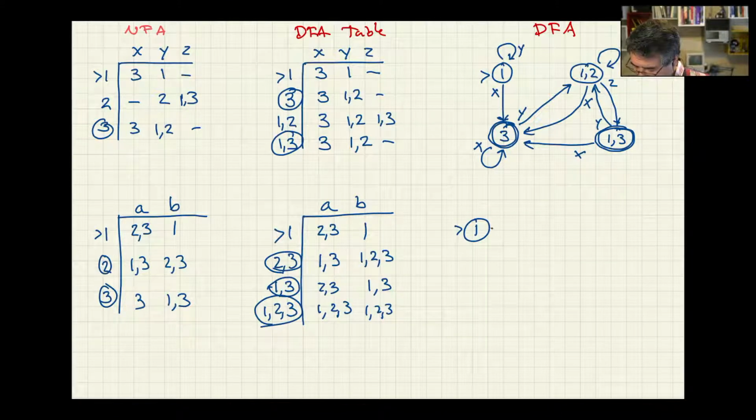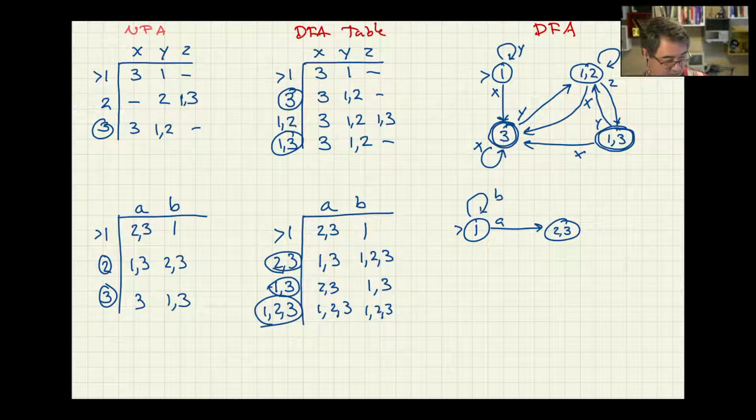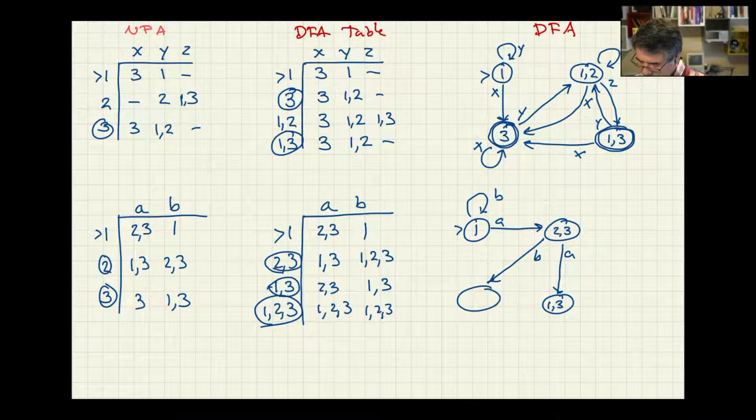So 1 on an A goes to 2, 3, and on a B goes to itself. And then 2, 3 on an A goes to 1, 3, and on a B goes to 1, 2, 3.